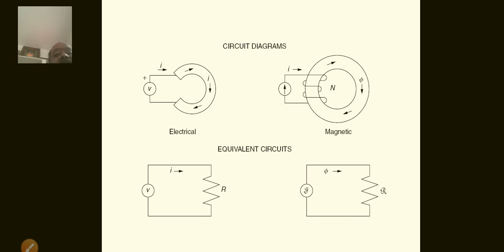What is the difference? Here it is voltage, current and resistance, but in this one it is magnetomotive force, flux and reluctance. This is the main difference between the electric and magnetic fields, which are analogous and compatible.